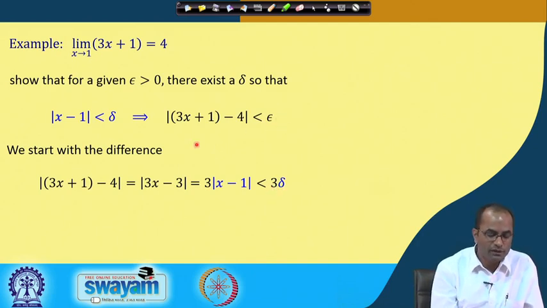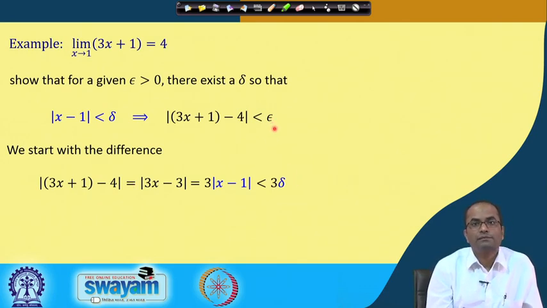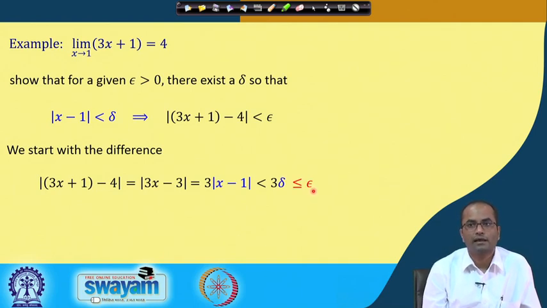And what is our aim now? To make this difference smaller than the given epsilon. So, if we set this less than or equal to epsilon, we get a relation between delta and epsilon. For given epsilon, we can now choose the delta such that this difference will become less than epsilon.